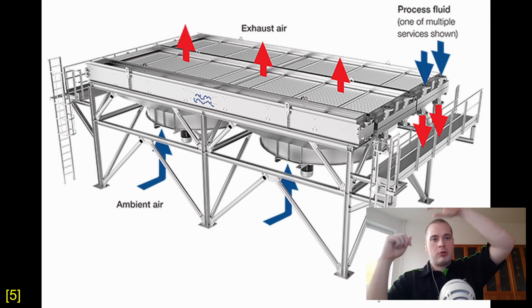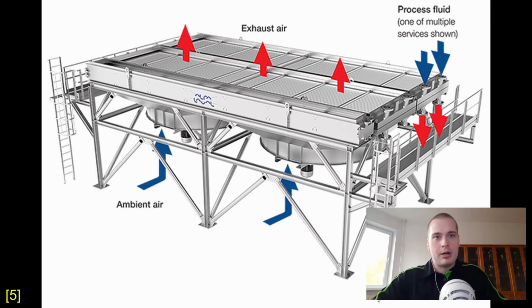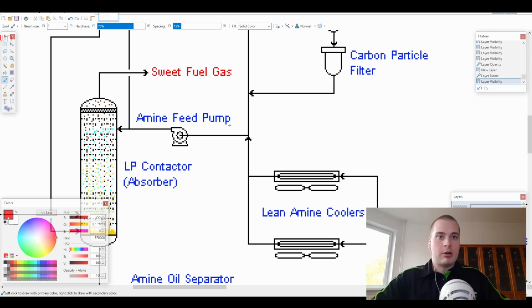And then at the top you have louvers, which can be closed up or opened up to let in more or less air. So from here our lean amine actually goes back to our contactors, and this is the entire loop that the amine goes through.